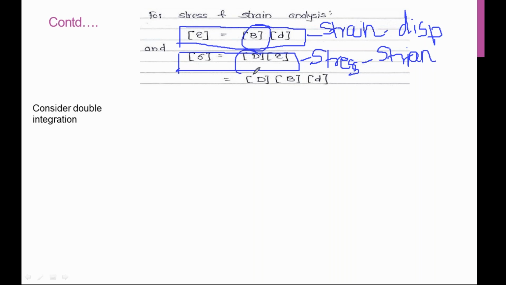This D matrix is the stress strain relationship matrix, but you can write epsilon is equal to B into d, so sigma is equal to D matrix into B matrix into d.